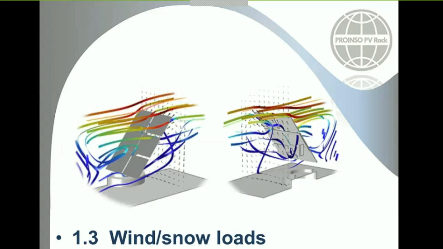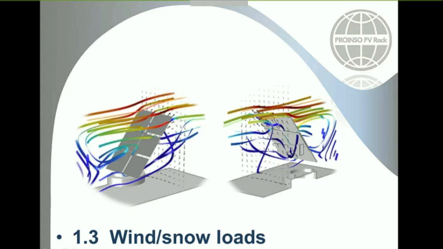As I previously said, the wind loads are really important for the structure configurations. Here you can see how the wind affects the module surface. Here our modules are tilted. However, there are some cases where we have a coplanar layout and the roof is directly in the same plane as our modules.